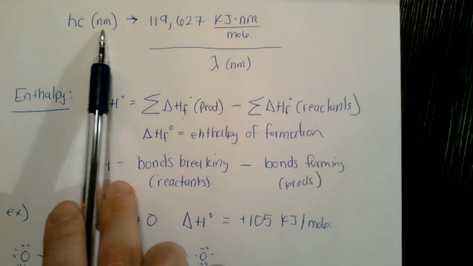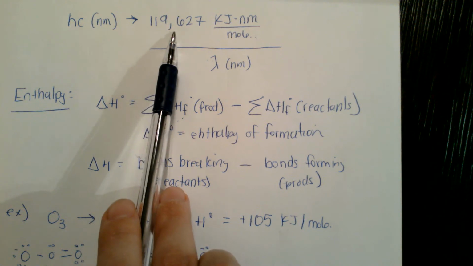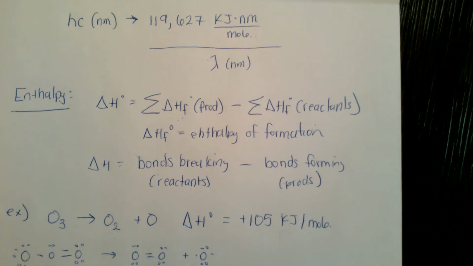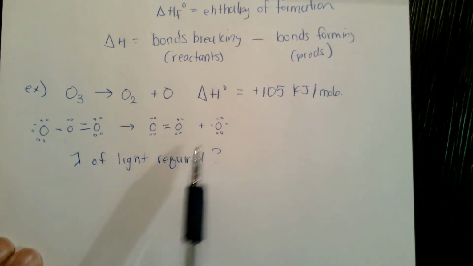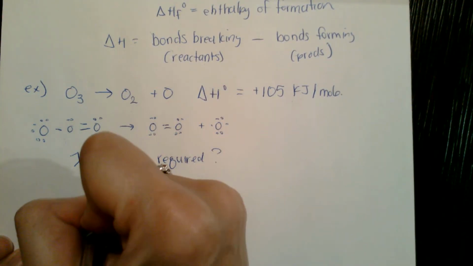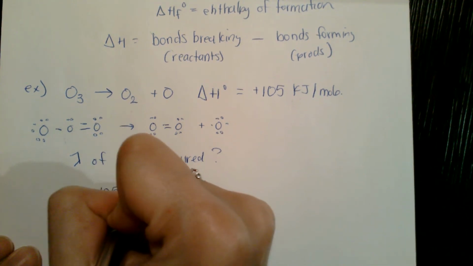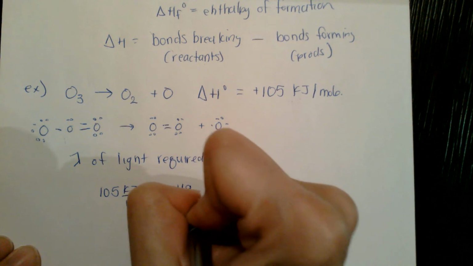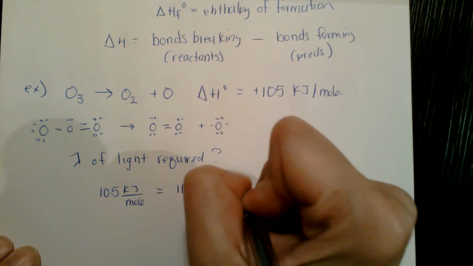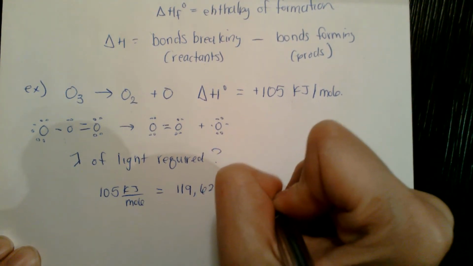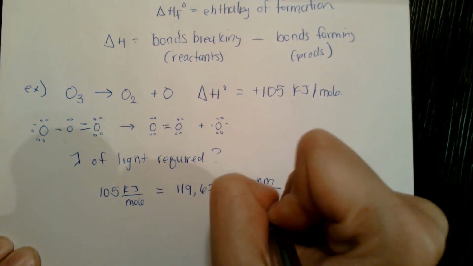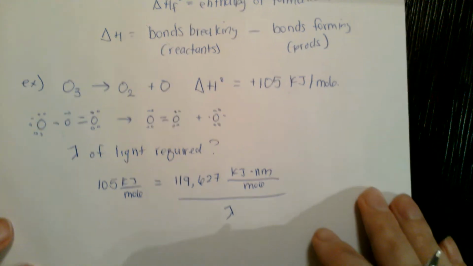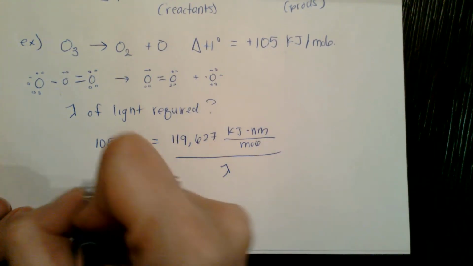E equals 119,627 kilojoules nanometers per mole over the wavelength in nanometers. They've given us our energy, that is the 105 kilojoules per mole. We're going to set that equal to 119,627 kilojoules nanometers per mole over wavelength, and solve now for the wavelength of light required.